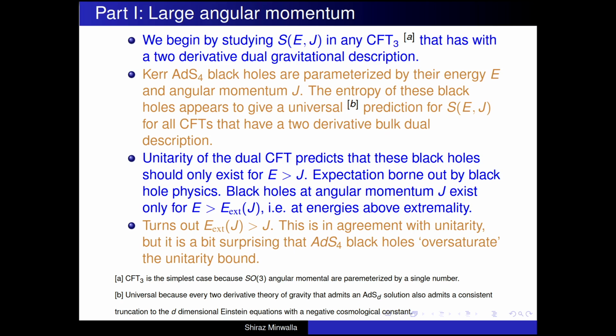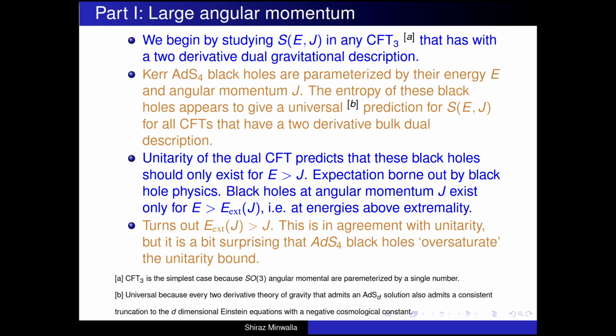As you know, AdS hosts black hole solutions that have energy and angular momentum. These are called Kerr AdS solutions. And the first question you can ask is, for what range of energies and angular momenta do these solutions exist? Now, before asking this question about black holes, you could ask, in a field theory, do we know where we expect operators or states to exist in the conformal field theory?